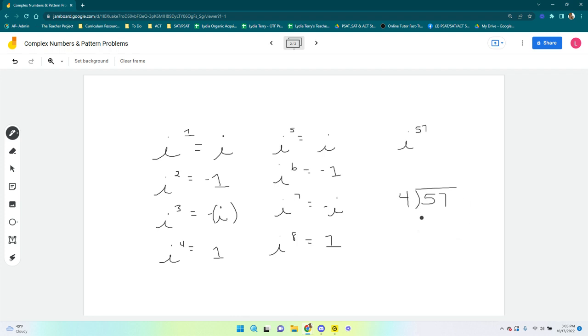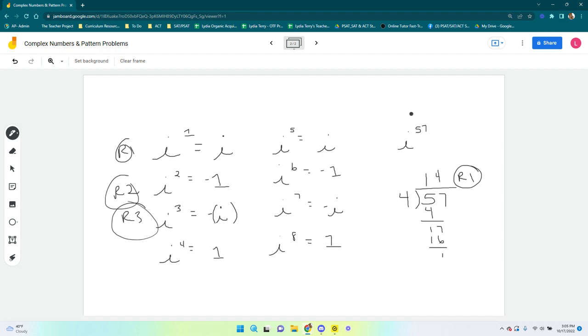Now, don't use your calculator because you want the remainder, okay? This will be remainder 1. This will be remainder 2. This will be remainder 3. And then, of course, no remainder will be 4, 8, 12, 16, 20, 24, and so on. That is how you deal with a pattern problem.